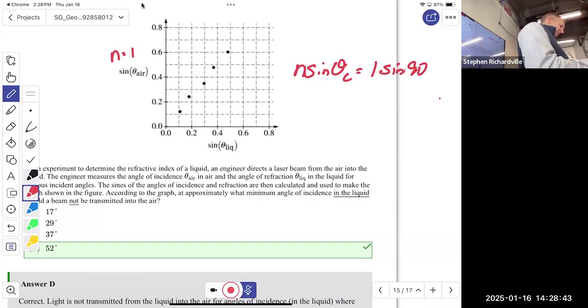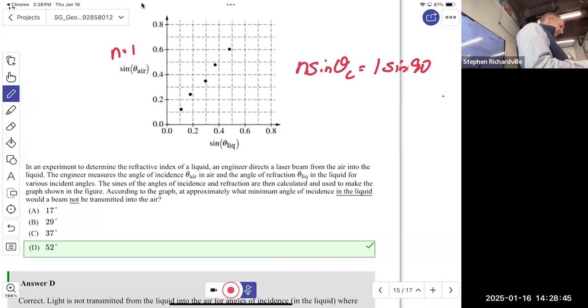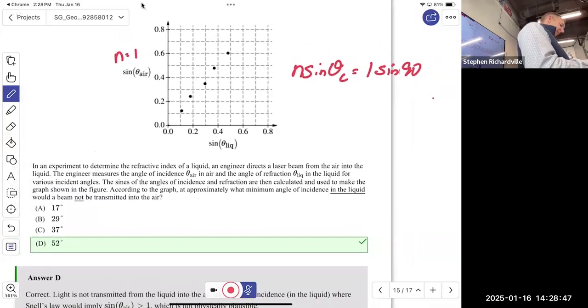What else do we know? I also know that, what do you think? I'm trying to think of what it would be. Would that mean that n would have to be less than 1 because the slope is greater than 1?